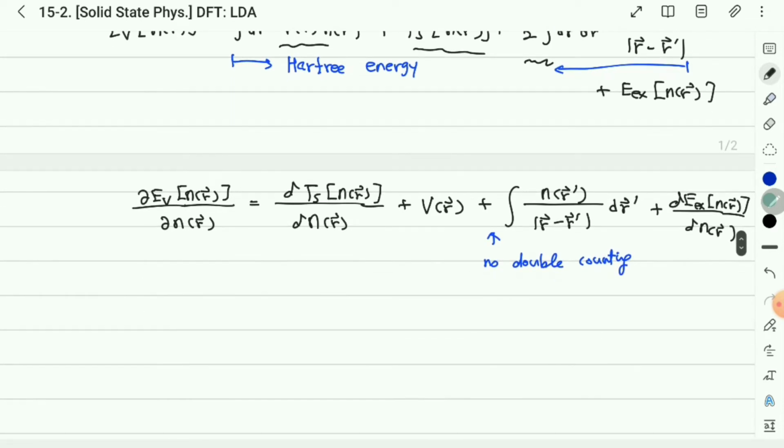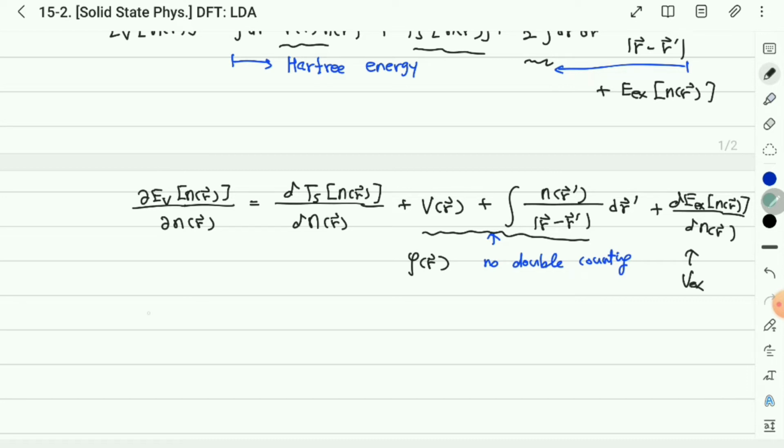And here, let this one have the potential phi(r). It is potential energy, and it is exchange potential energy.